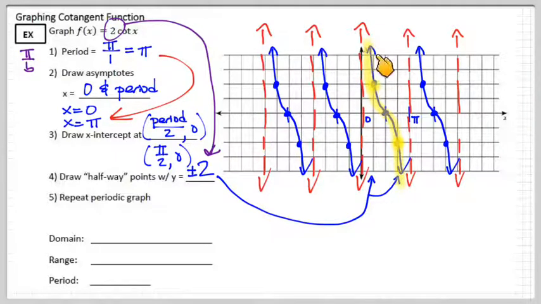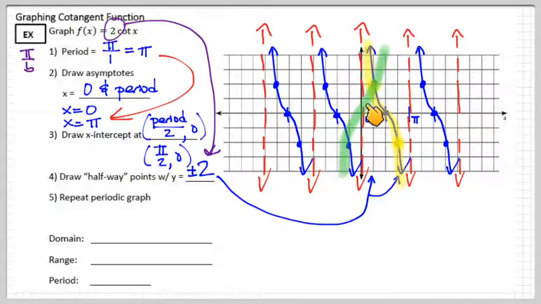It's a decreasing function. Now our tangent graph, just to contrast it and superimpose it on here, our parent graph for the tangent looked like this. It was always increasing, and it went right through the origin, and we had asymptotes on either side of that origin.